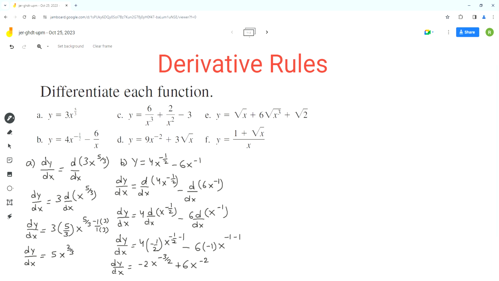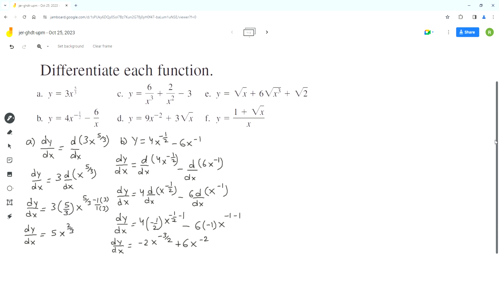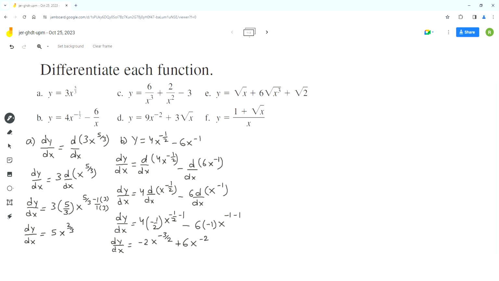So now in our final answer, we can move these terms to the denominator to make the exponents positive. So dy over dx equals negative 2 over x to the power 3 over 2 and then plus 6 over x squared. So this should be the final answer for the derivative of part B.